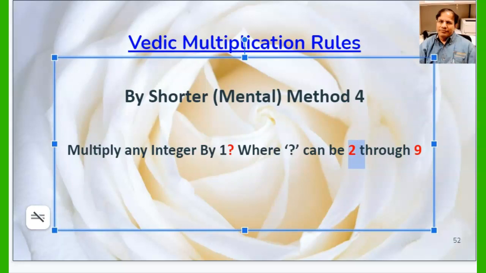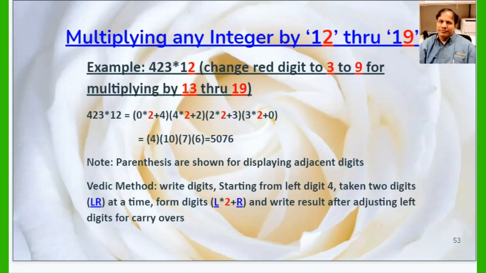This is also a shorter method, but it's a little longer than 11. We can see how it is done with one example here. Then we will continue. Now, under this method, we can multiply any integer by 12, 13, 14, up to 19.